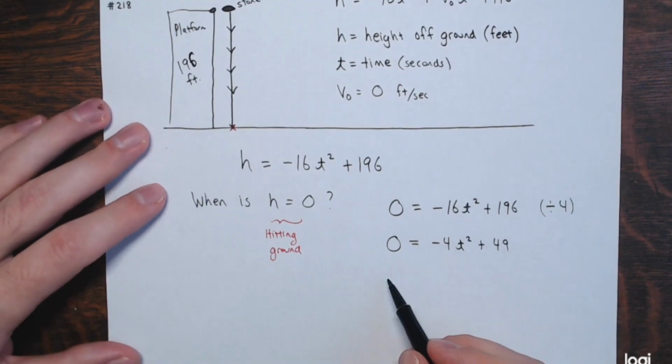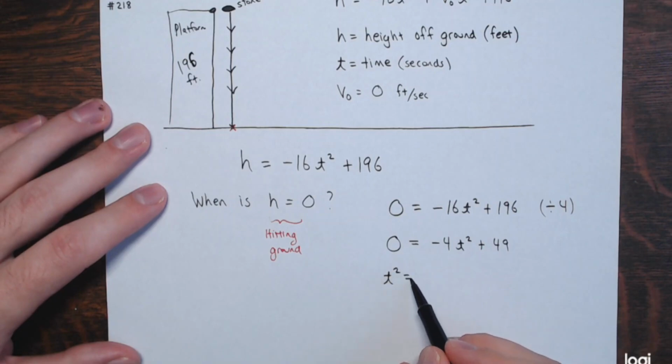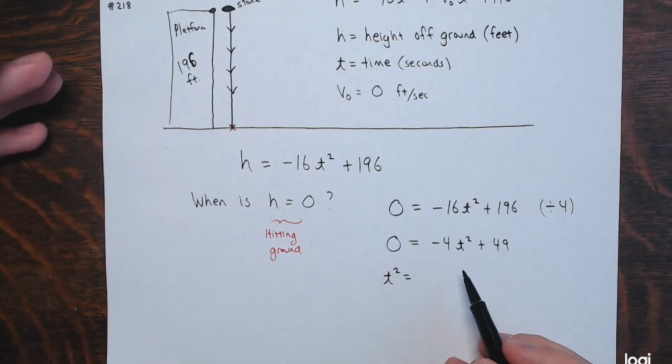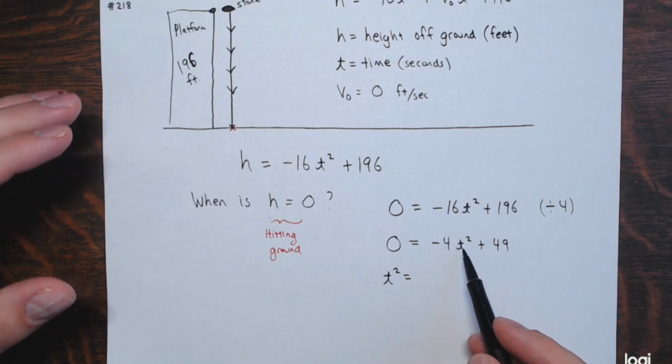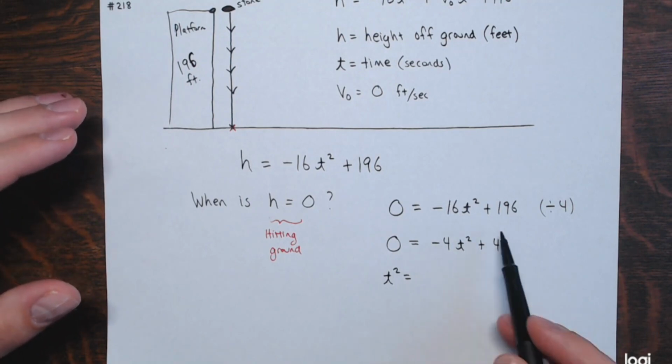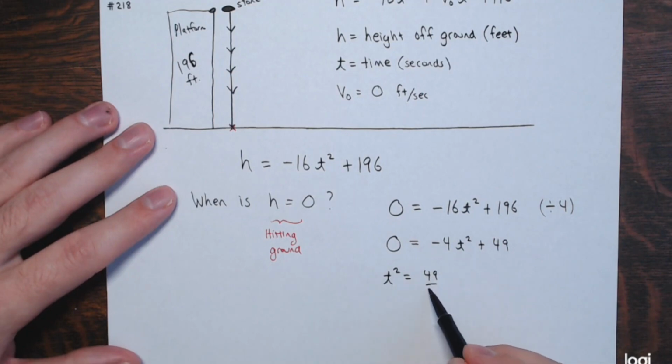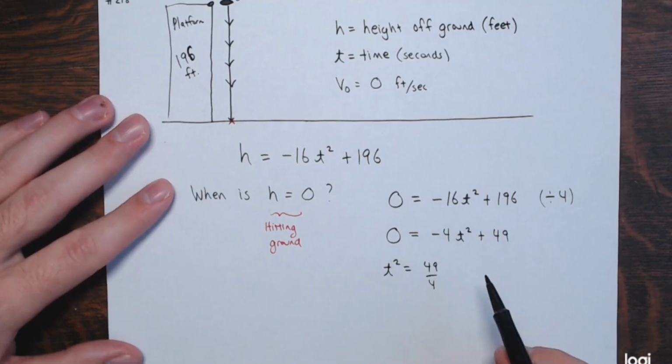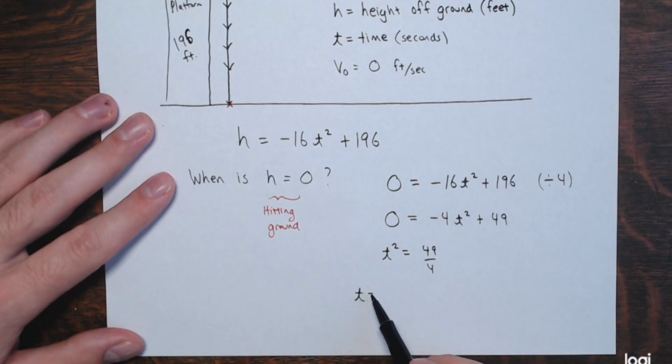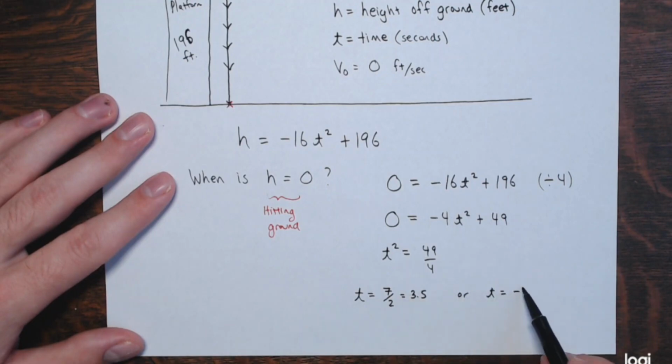Then you solve for t squared here. You can actually solve this one with the square root property, because there's a variable in a square and no variable outside that square. It'd be 49 fourths. I'd subtract 49, divide by negative 4. So t is either equal to positive 7 halves, which is 3.5, or t equals negative 3.5.